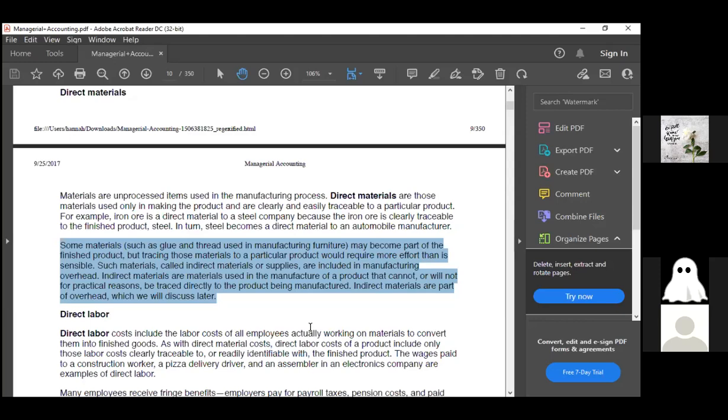So cost accounting includes them in manufacturing overhead, not in materials. So they are not office expenses. They are still manufacturing expenses, but the heading for those is manufacturing overheads and not direct material.